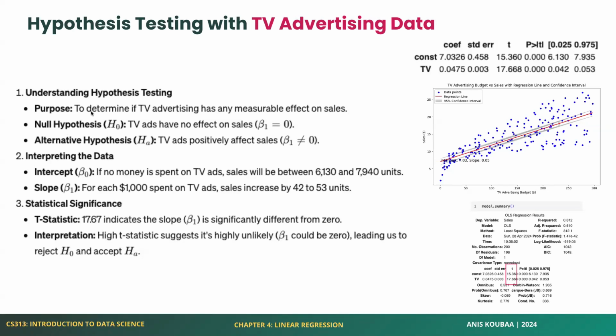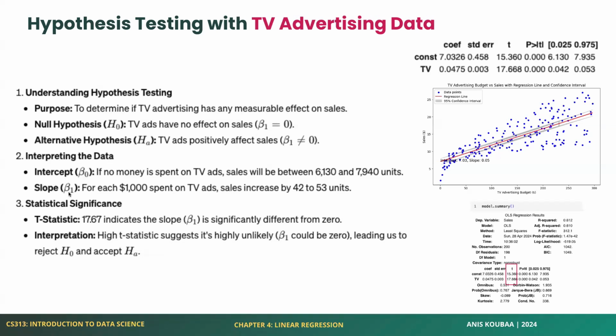In our case, the purpose is to determine if TV advertising has a measurable effect on the sales or not. So the null hypothesis H0 states that TV ads have no effect on the sales, assuming that beta 1 is equal to 0. And the alternative hypothesis is that TV ads positively affect the sales and beta 1 is different from 0.